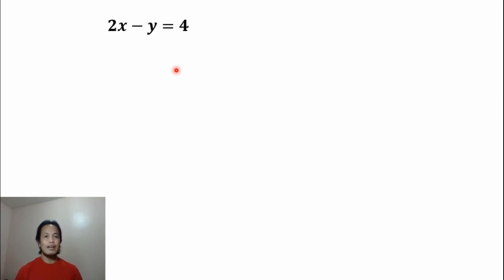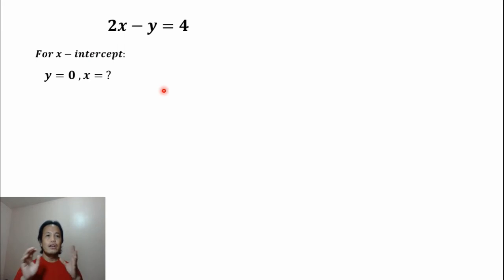So how do we plot the graph of 2x minus y equals 4 by using the x and y-intercept? First things first, we need to solve for the x-intercept. When we solve for the x-intercept, we set the value of y to 0.